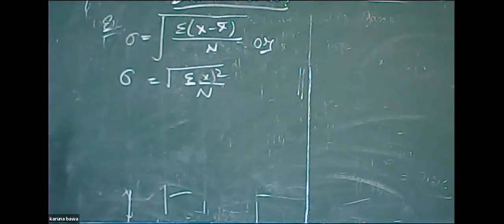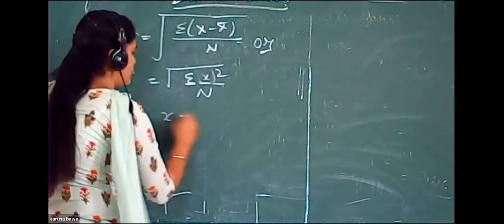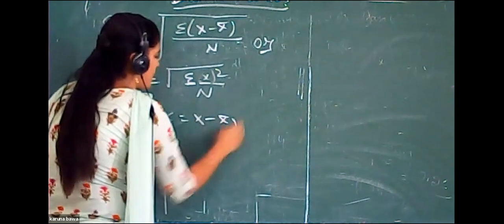Both are formulas of the individual series in the actual mean method. Small x is found with the help of x minus mean.